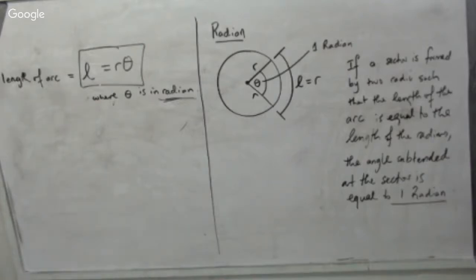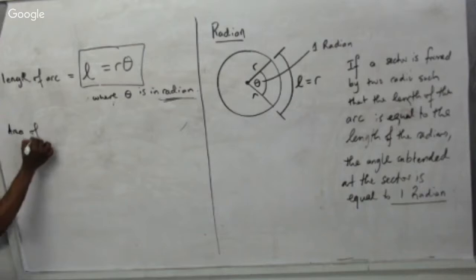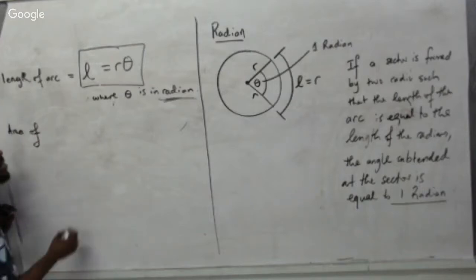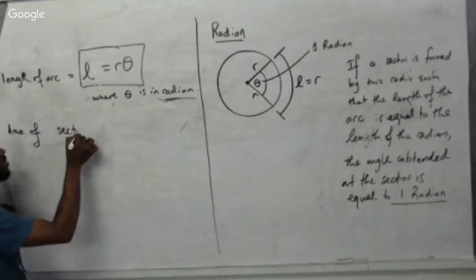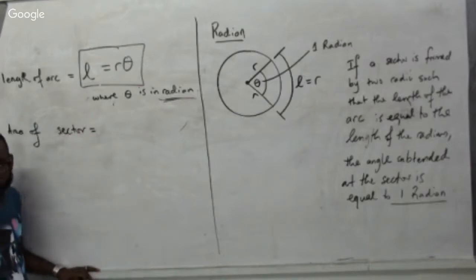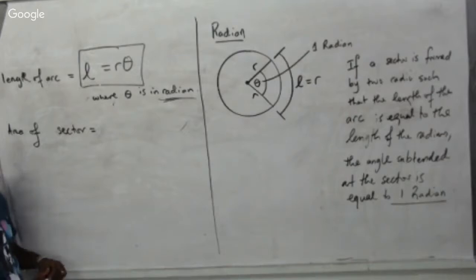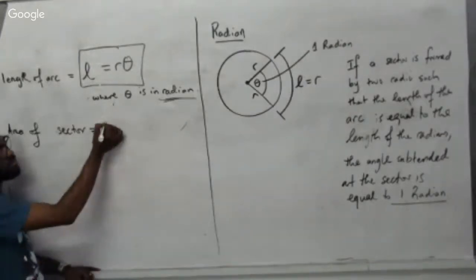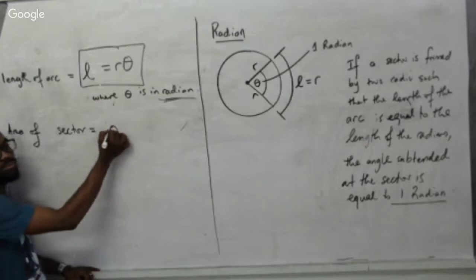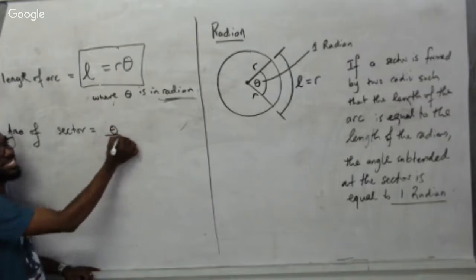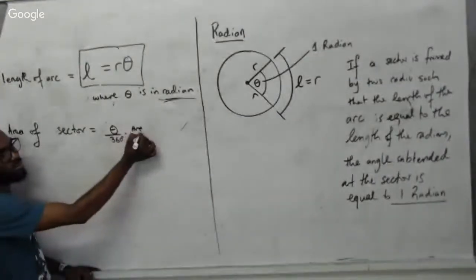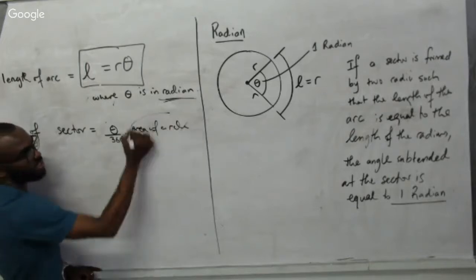Alright. So, the area of a sector: theta over 360 times, that's the only thing you could say after that.